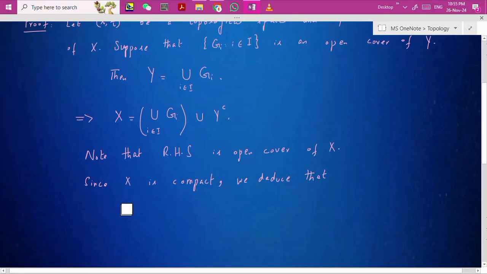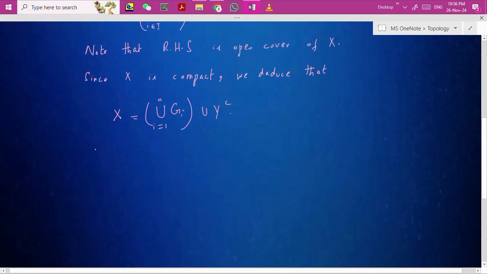So this can be written as X is equal to the union of G_i, where i is from 1 to n, union Y complement.